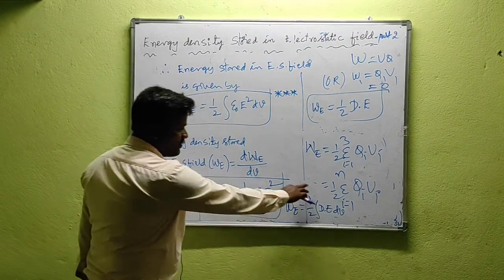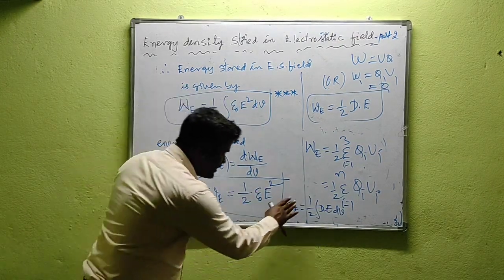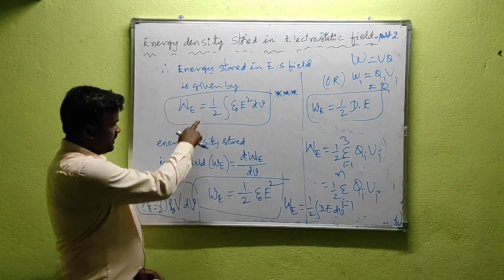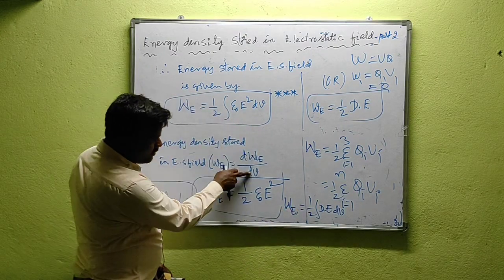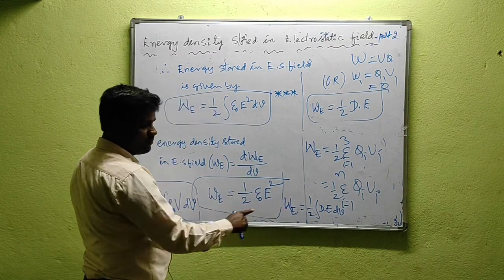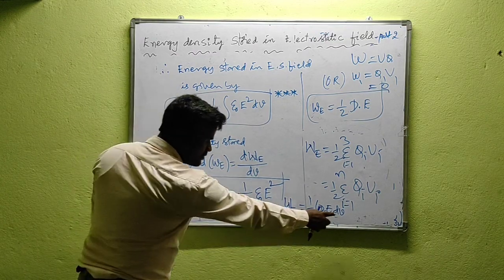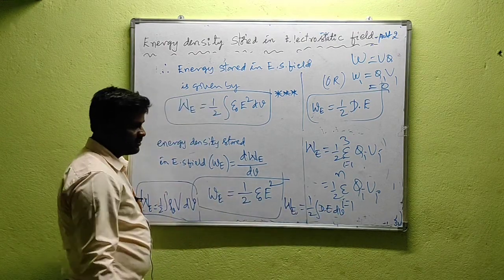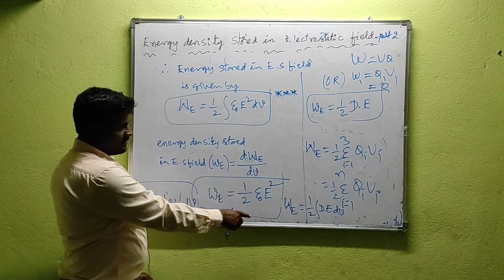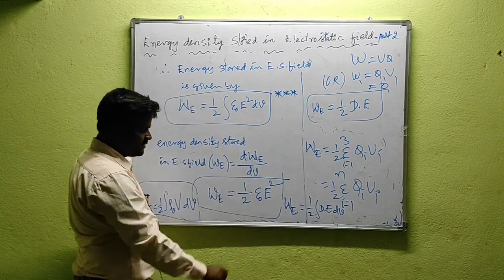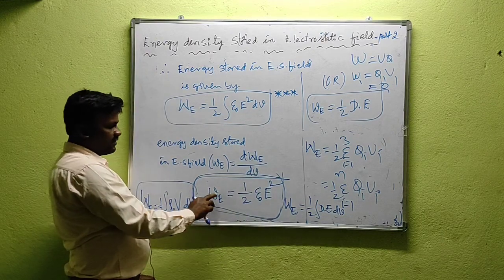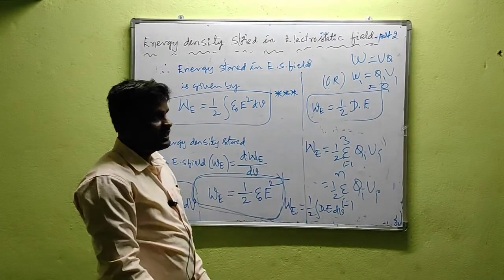That is the energy stored in the electrostatic field, but we require energy density. Energy density is nothing but dW by dv, so I need to differentiate this equation with respect to volume. The volume integration and differentiation cancel out. Finally, I get 1 by 2 D dot E, or D equals epsilon naught into E. So the energy density stored in the electrostatic field is w equals 1 by 2 epsilon naught E square.